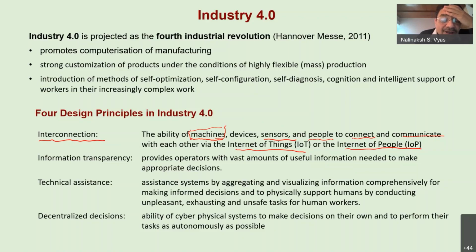So once you have interconnection, there is obviously transparency of information. Whosoever has access to the platform on which this interconnection has taken place, and whosoever you wish to give access to, you can provide transparency of information to operators, to managers, to heads of organization.